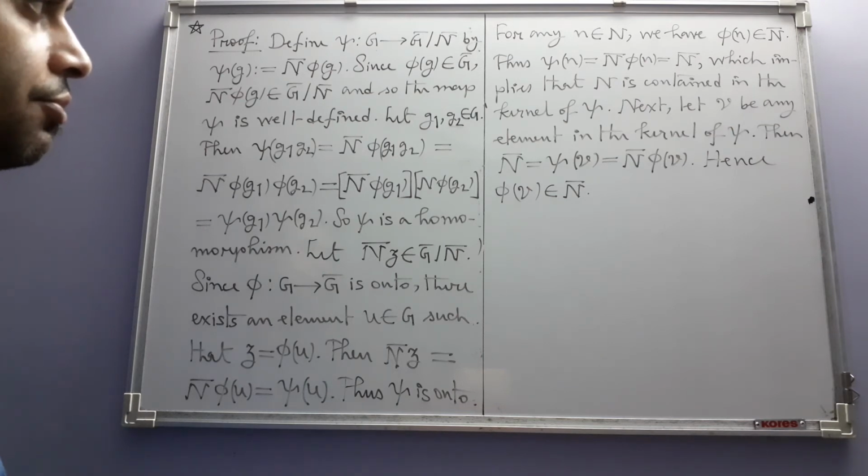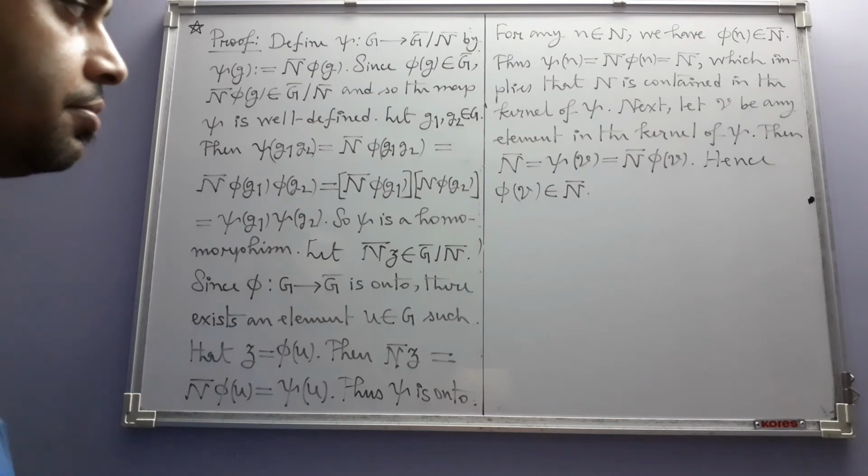Now if phi of nu belongs to N bar, that means what?